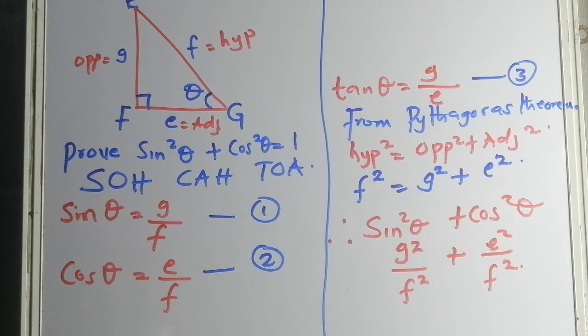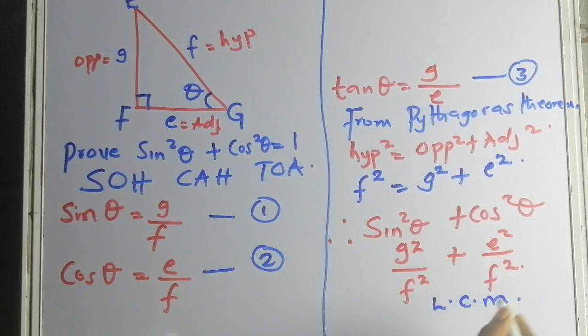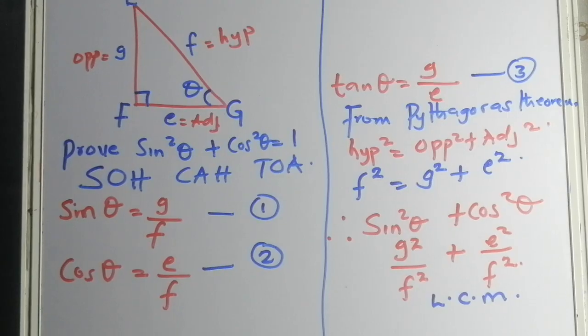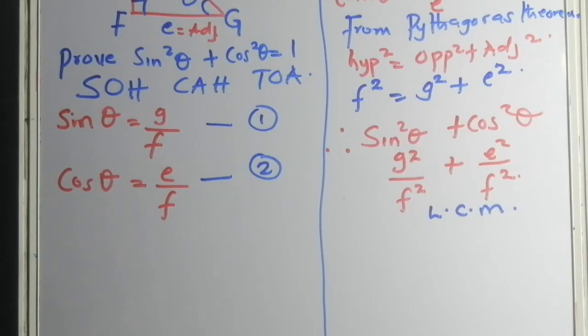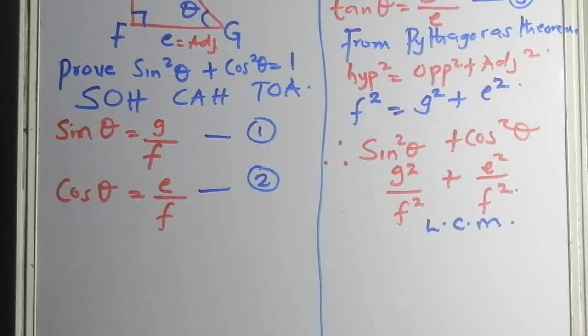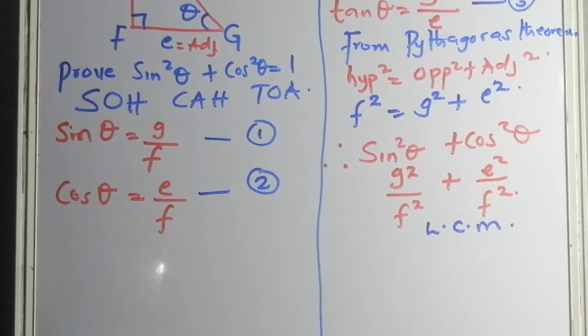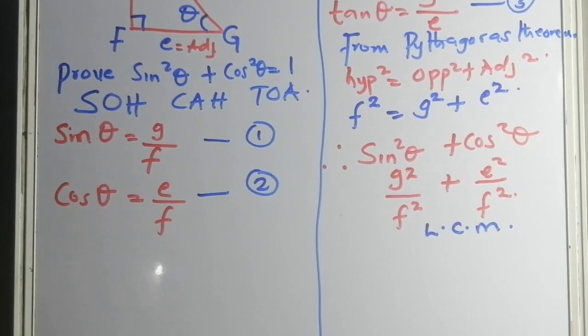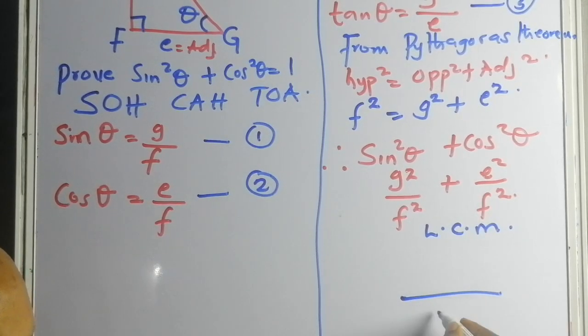So the question I need to ask myself is that I can find the LCM. If I want to find the LCM, you will see that f square is common to both sides. So what will my LCM be?